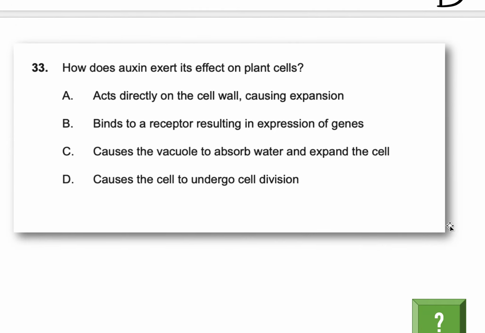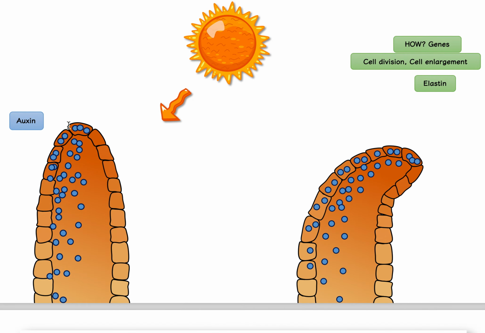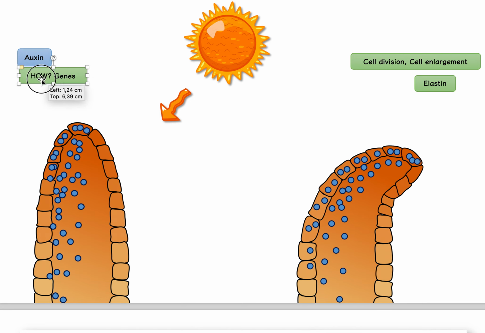Perfect. Okay, here's another auxin question. How does auxin exert its effect on plant cells? Is it A, acts directly on the cell wall causing expansion? Let me explain. So here we have auxin, right? We know it comes to this side, but how exactly does it cause this growth? It influences genes. Cells have nuclei in them, which have genetics, and genetics is the code for what needs to happen. Auxin will go to this code, the genetics, and basically tell it to do something.